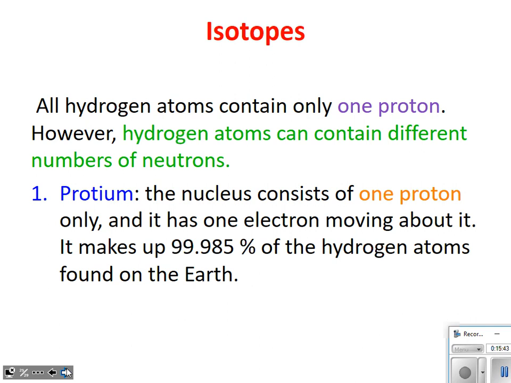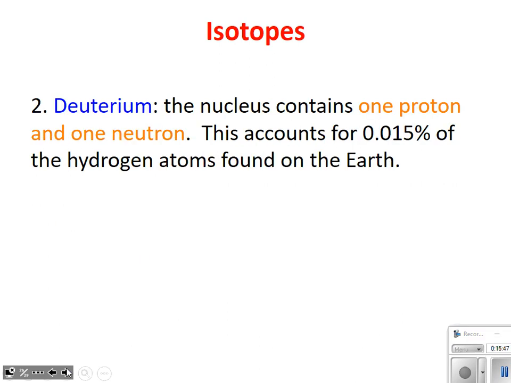However, we also have a substance that's called deuterium. Deuterium consists of one proton and one neutron.